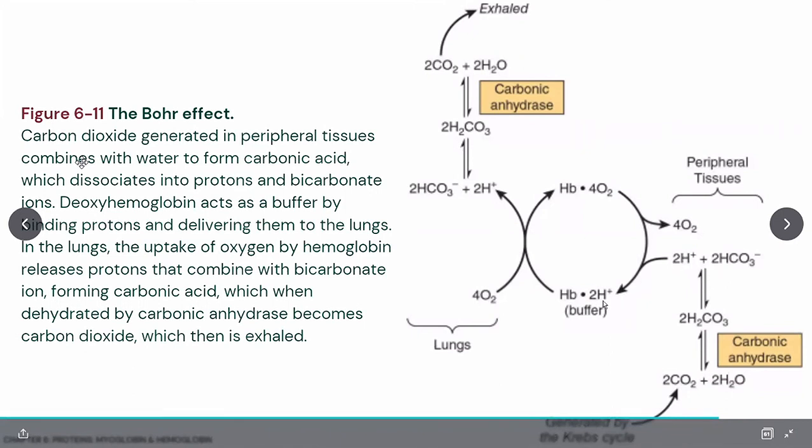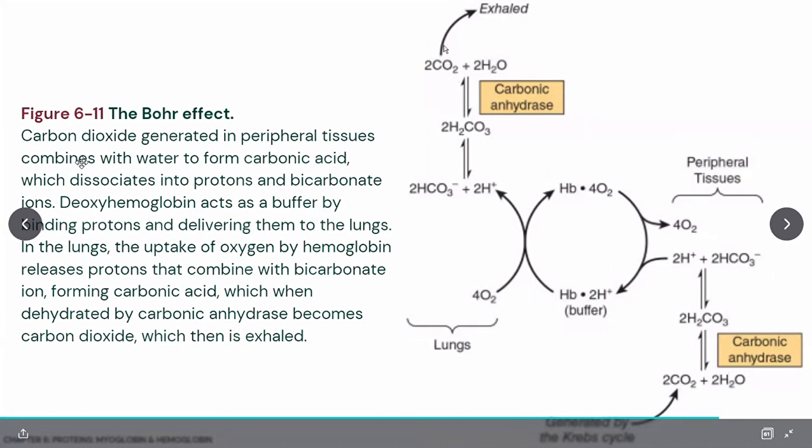Then it is carried, and the hydrogen is also carried, those are the protons, and then it interacts with oxygen in the lungs. The hydrogens are released together with the bicarbonate, that becomes carbonic acid. The carbonic anhydrase in the lungs breaks it into carbon dioxide and water.